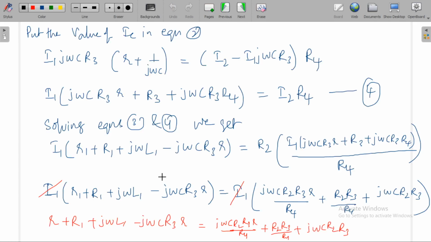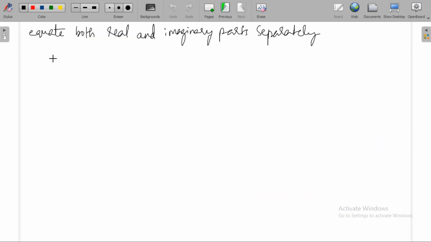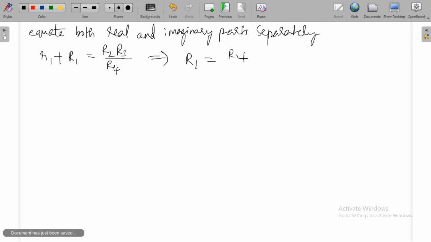This is the real part, right? On this side, this is the real part. So you're going to get R plus R1 is equal to R2 R3 by R4. From this, R1 is equal to R2 R3 by R4 minus R.